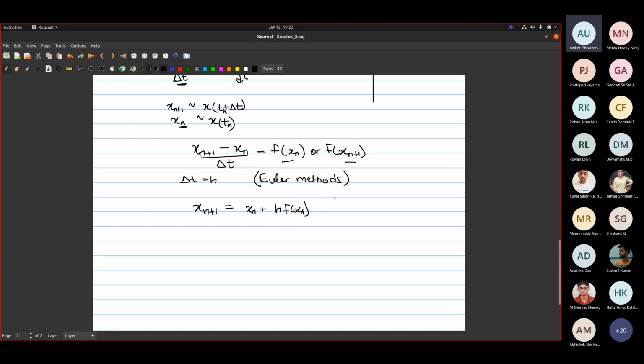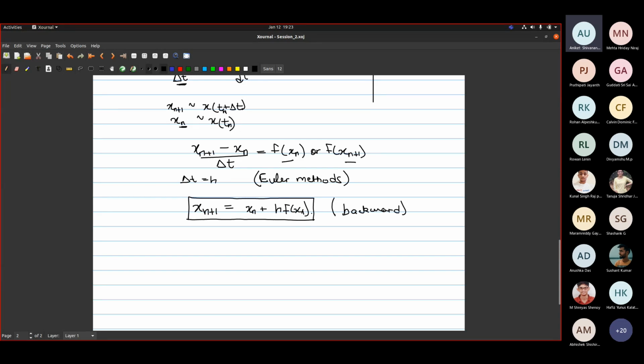I am going to take the backward one here. If you take the forward one, it's simple for linear systems, but for non-linear systems it sometimes leads to a little issue. So it's better to take the backward one if you don't know exactly what you're going to be dealing with. And this becomes the very basic discretization technique for first order ordinary differential equations.